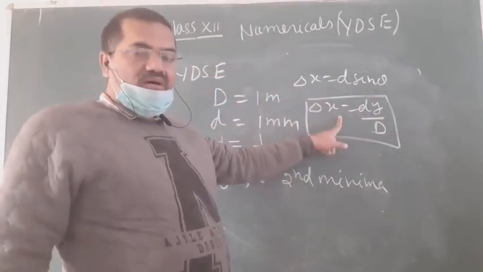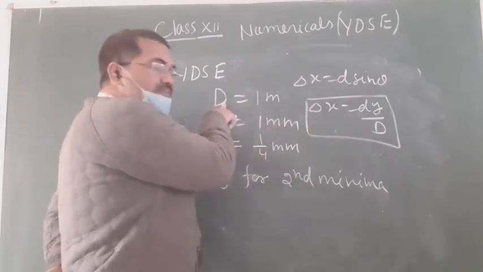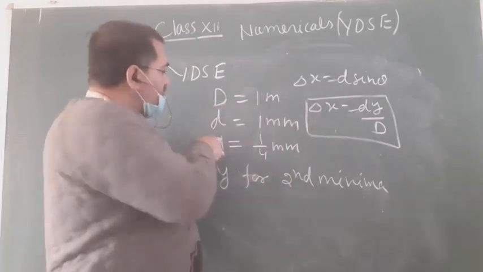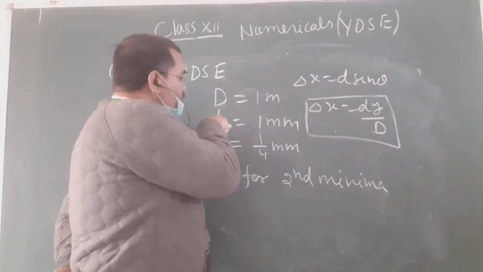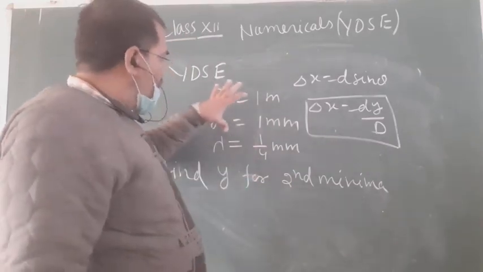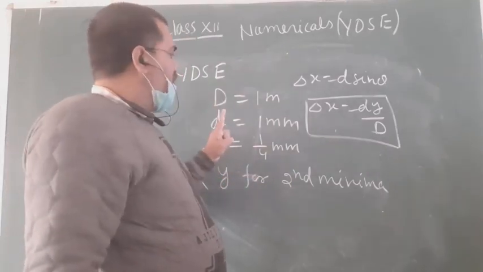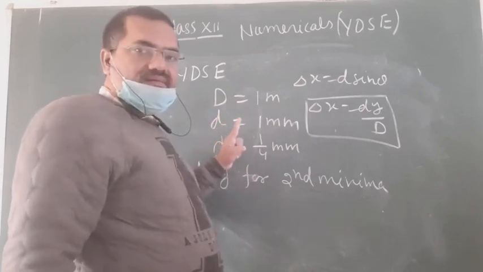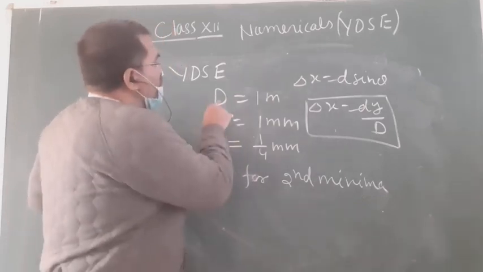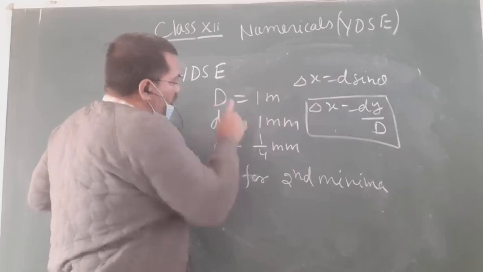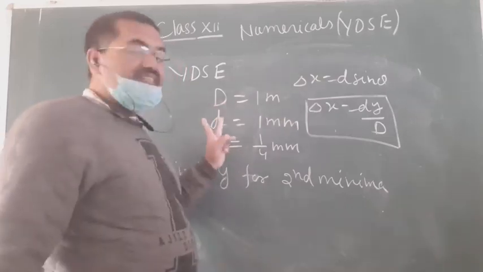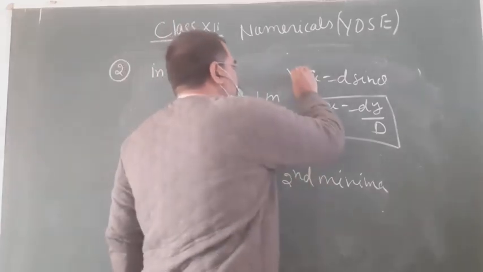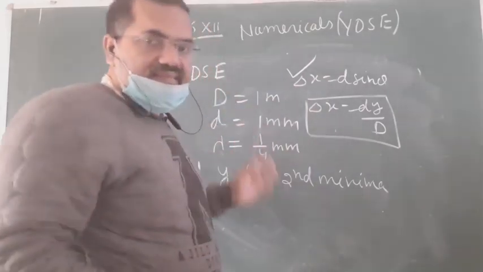That formula is valid for small d much smaller than capital D, as well as lambda much smaller than small d. But in this data, only one assumption is valid, that is small d is much smaller than capital D, but lambda is not smaller than small d. So the d sin theta formula will be valid for this data.